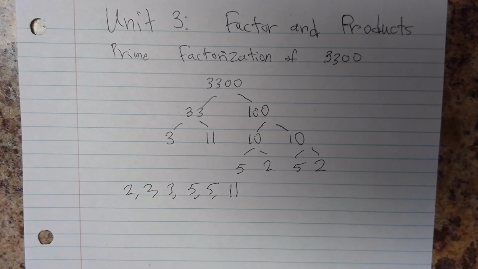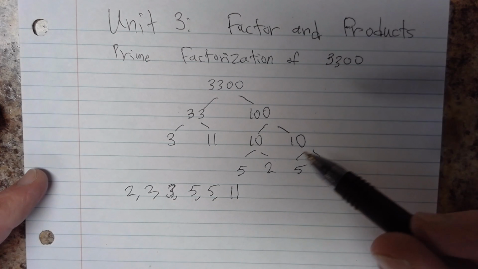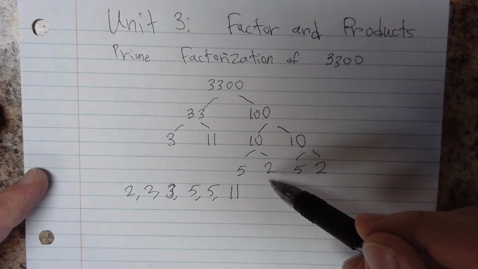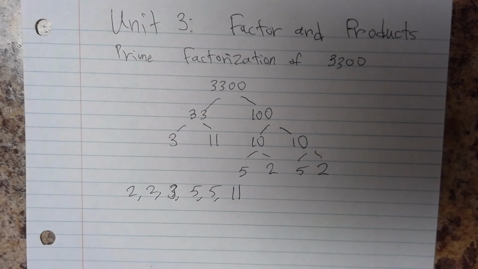Simple as that. Those are the primes. When you break 3,300 down, the numbers that you're left with, when you've simplified it down as far as you can. 3 and 11 can't be simplified any further. 5 and 2 can't be simplified any further. You had 2 sets of 5s and 2s with your 10s. So there you have it.